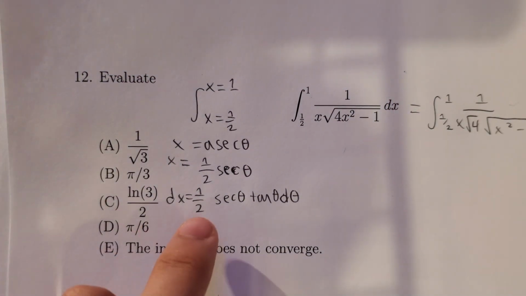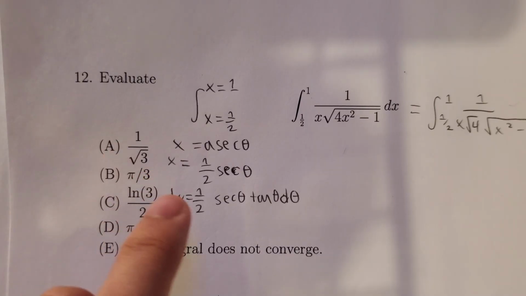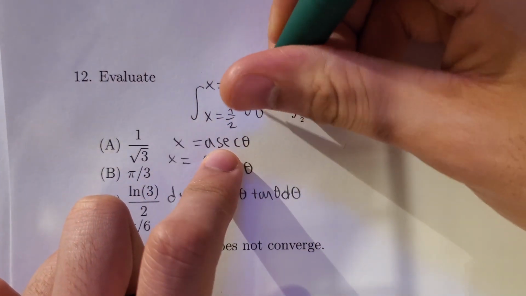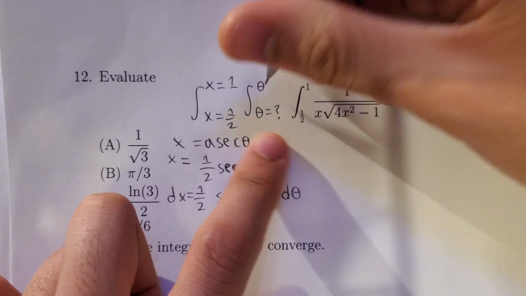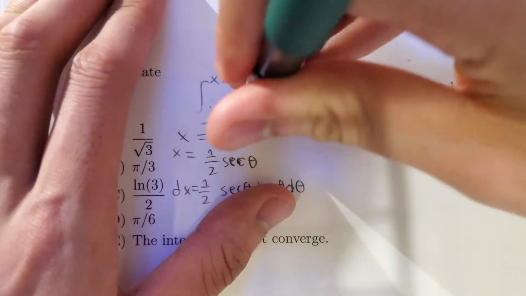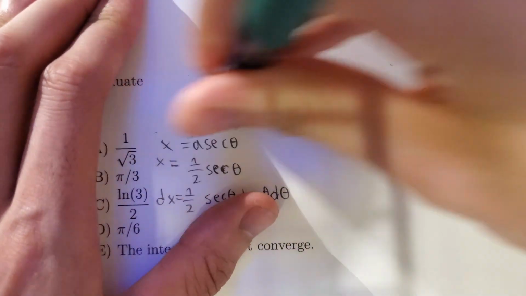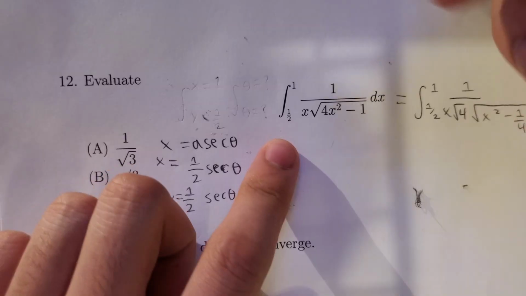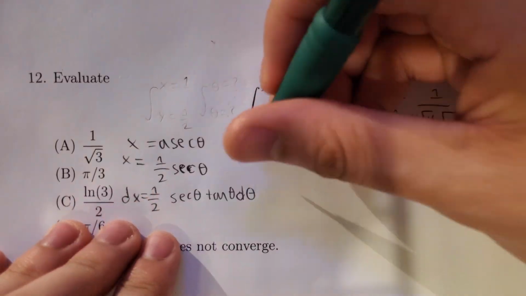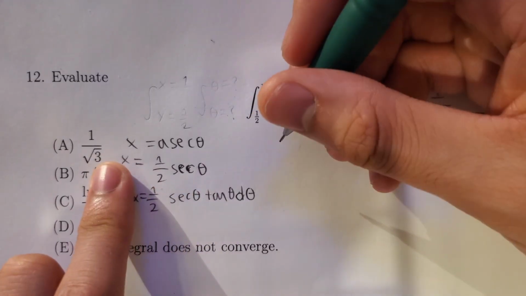And so since for this substitution, we're integrating with respect to theta, we have to set this up in such a way where we have theta is equal to what and theta is equal to what here. And so that's what I'm going to do here. Since we know that our original boundaries are 1/2 and 1, first I'm going to set x equal to 1/2.